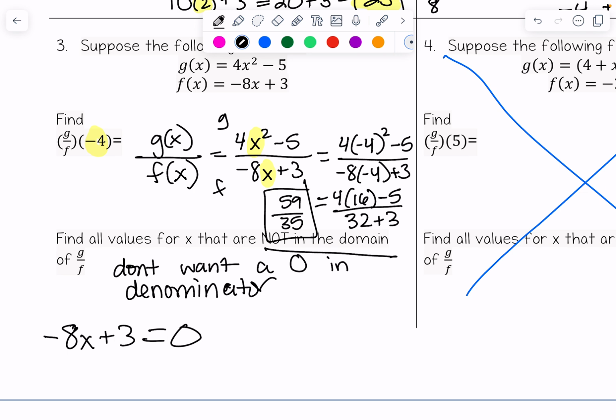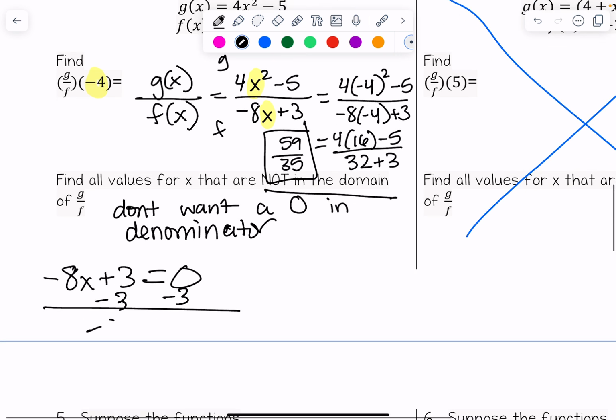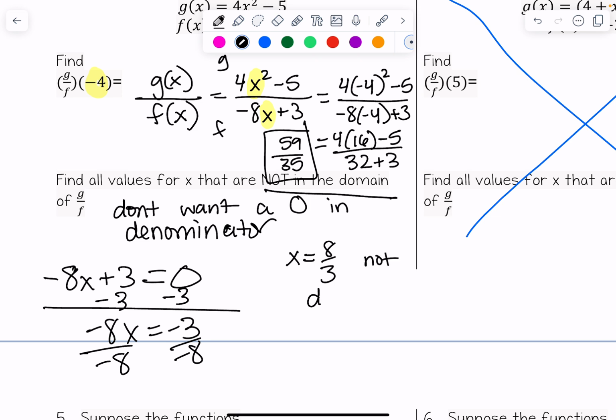So how do I find the x that would make that 0 happen? I minus 3 from both sides. I get negative 8x equals negative 3, divide by negative 8, divide by negative 8. So when x is equal to 3 over 8, it's not in the domain. Okay, it's not in our domain.